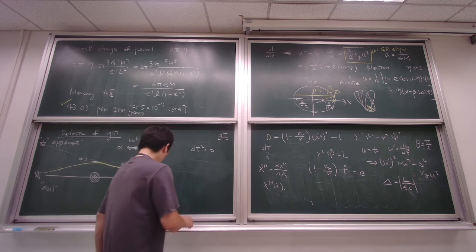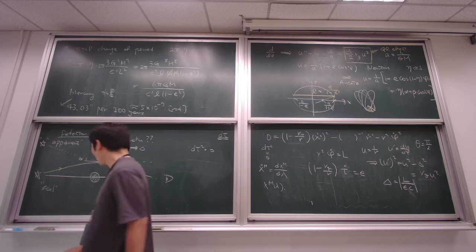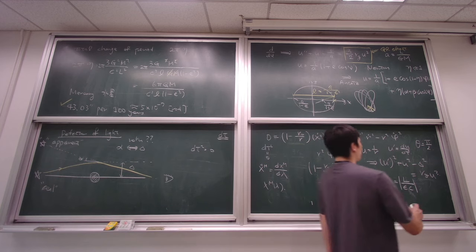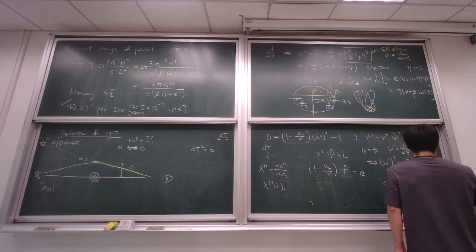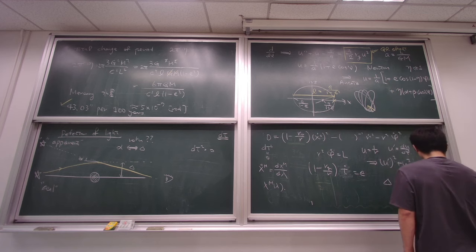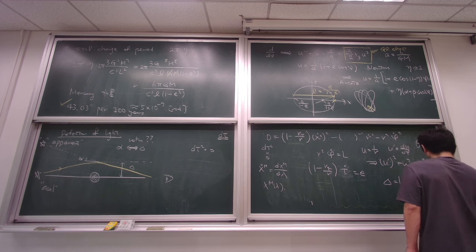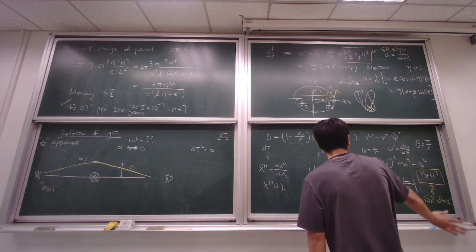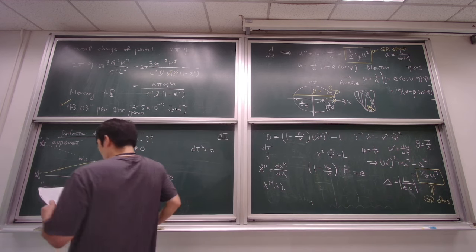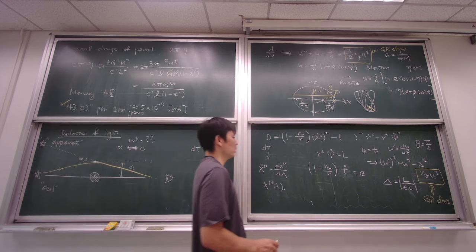Fine. And again, as I mentioned, this term is the GR effect. This is in fact the same as above. But if you ignore this term, one can solve this equation easily.